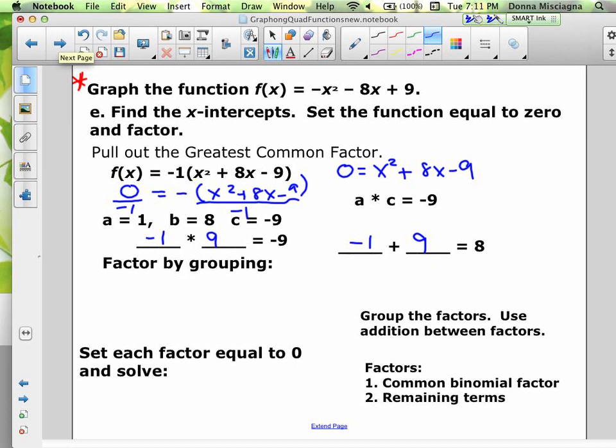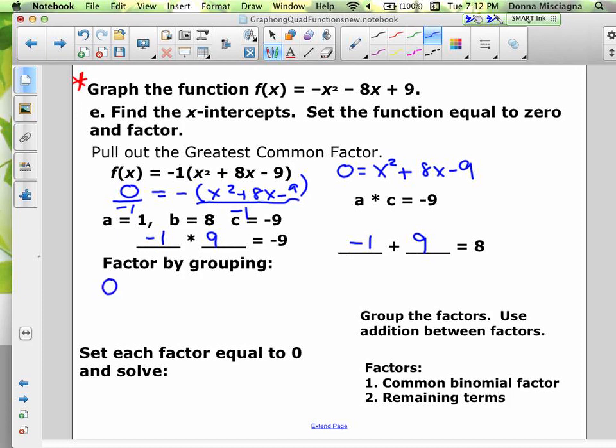So we will work with the equation now where we've divided everything by the -1, because when we're solving, we don't care about a anymore. We're just trying to find out the values of the x's on the inside. If we're rewriting, we care about a, right, because that a value gives us the direction and the width of our parabola. So let's do factor by grouping.